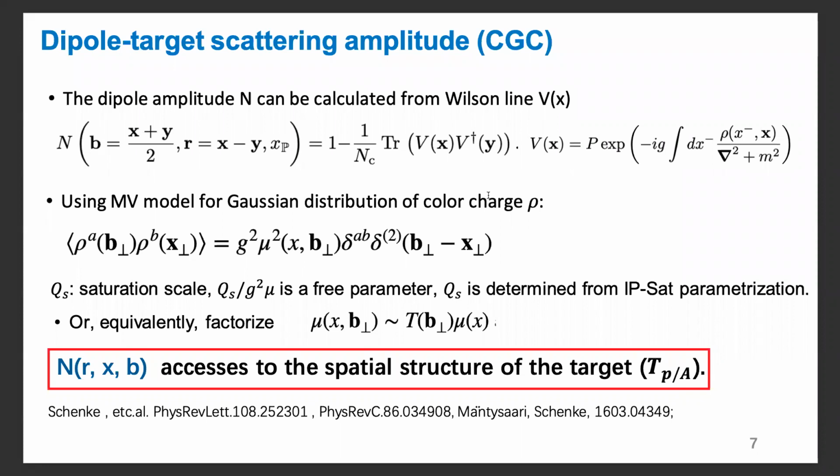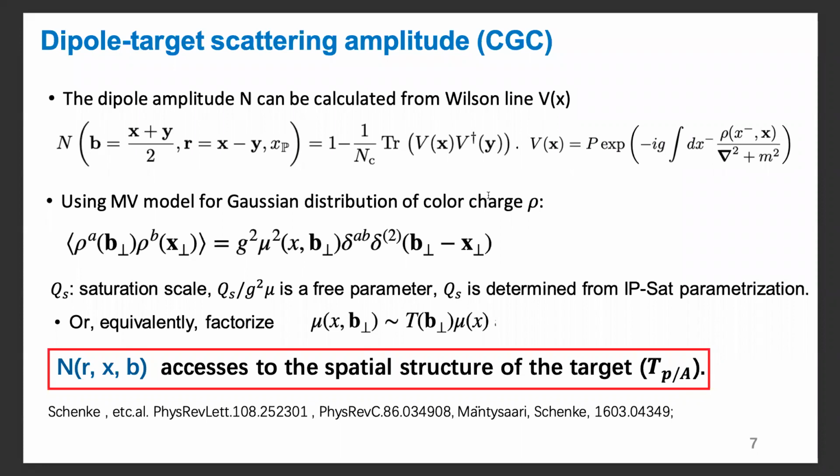In other words, this parameter controls the magnitude of the color charge, which then translates to the scattering amplitude. And Q_s is determined from the IP-Sat parameterization. It's a bit of technical detail. In short, in the CGC framework, we factorize mu into the product of the thickness function and a mu(x) that depends on the impact parameter x only.